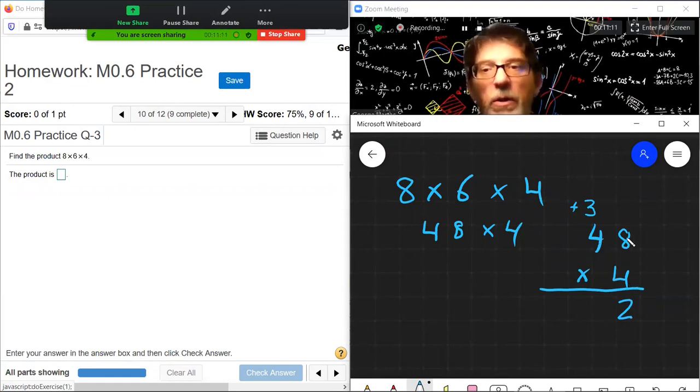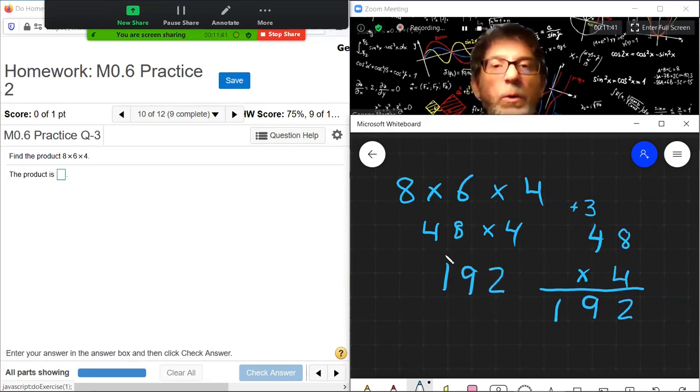All right. So again, 4 times 8 is 32. 4 times 4 is 16. 16 plus 3 is 19. Now this one did not get carried over here on top because there's no digit here. It just kind of fell through. You can think of it that way. All right, so the answer to this whole thing appears to be 192.